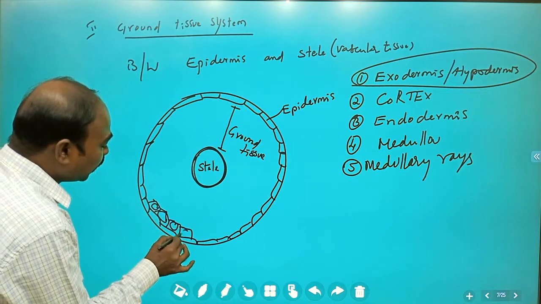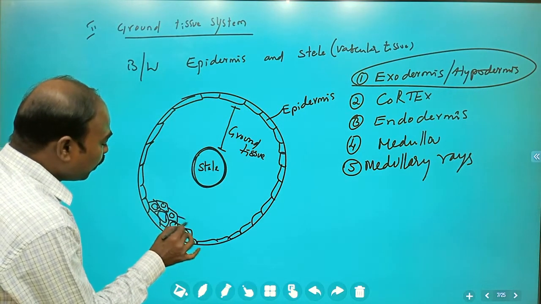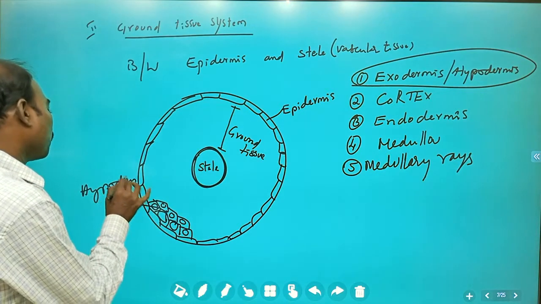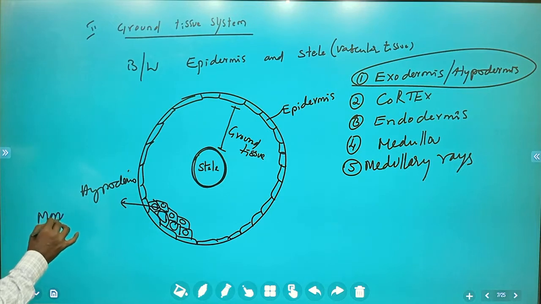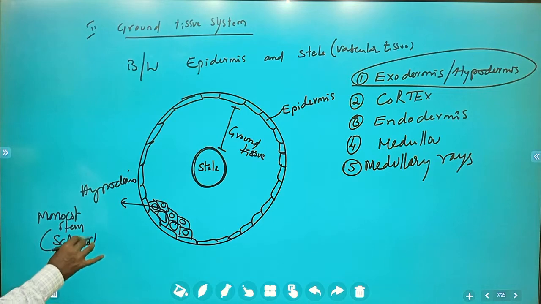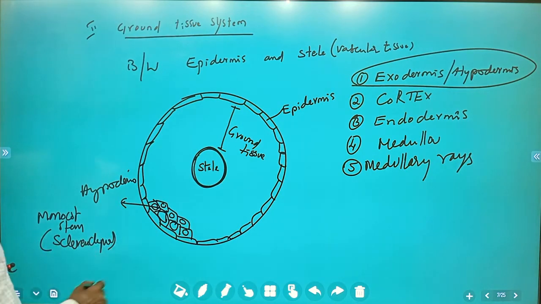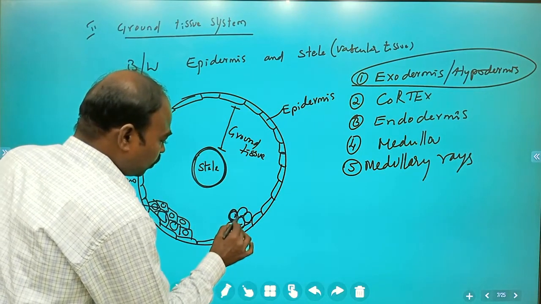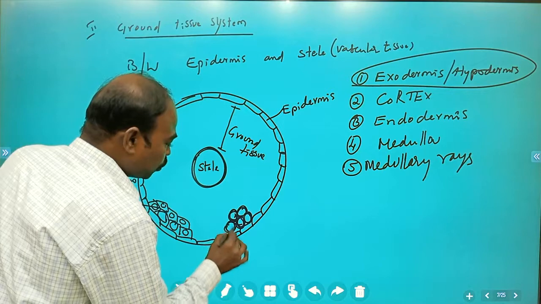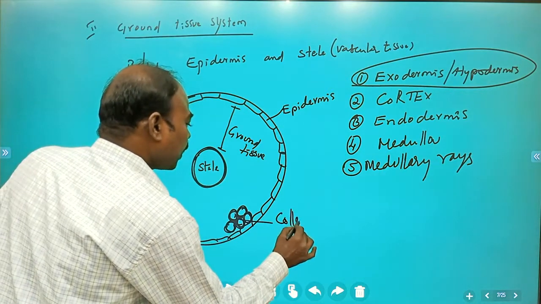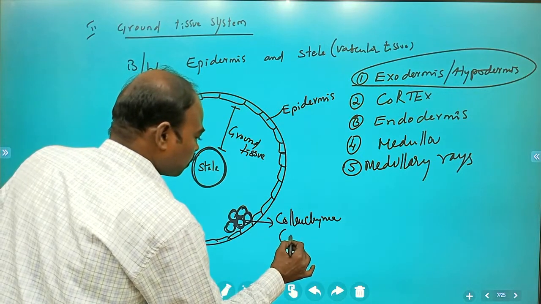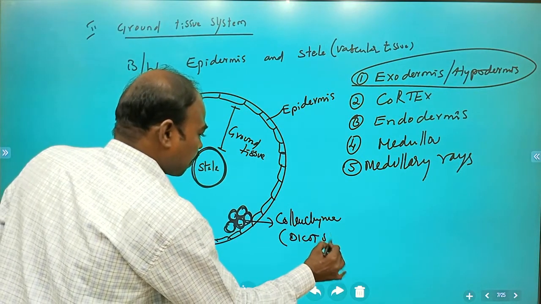So beneath the epidermis, the hypodermis in monocot stem is made up of sclerenchyma, whereas beneath the epidermis in dicot stems it is made up of collenchyma.